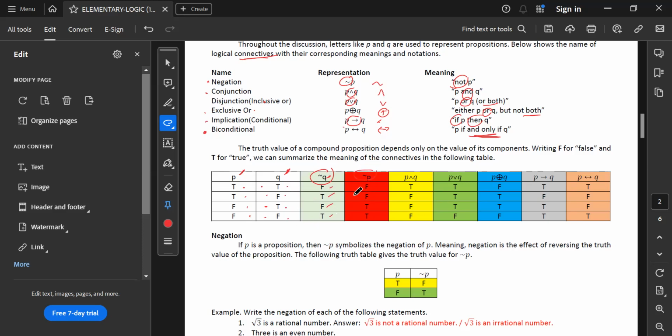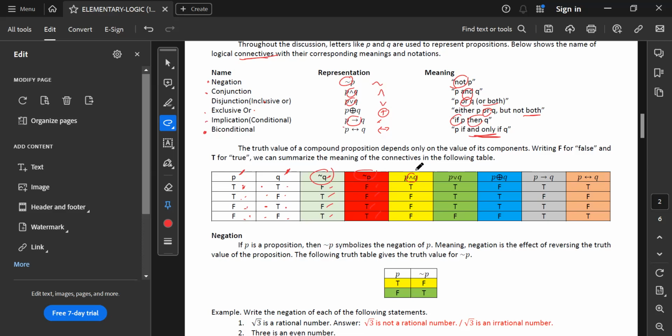For the next one, not P, we look at the truth values of P. True becomes false, true becomes false, false becomes true, false becomes true. The next is or.